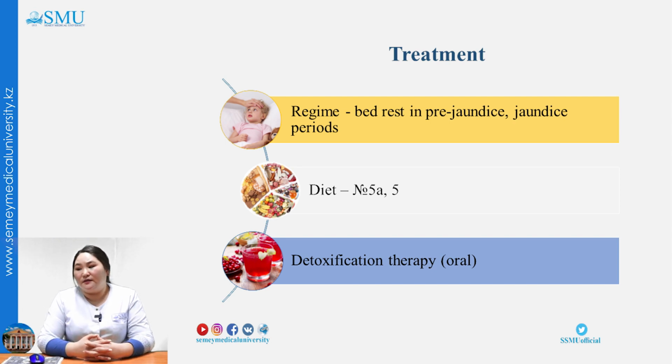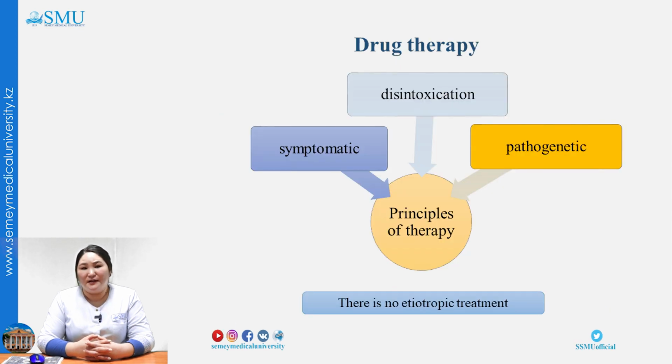Drug treatment for A hepatitis is not needed. A hepatitis can resolve by itself without any treatment, but sometimes if a baby has severe intoxication, we can give fluids for detoxication purposes. Mostly 5-10% dextrose and 0.9% sodium chloride.